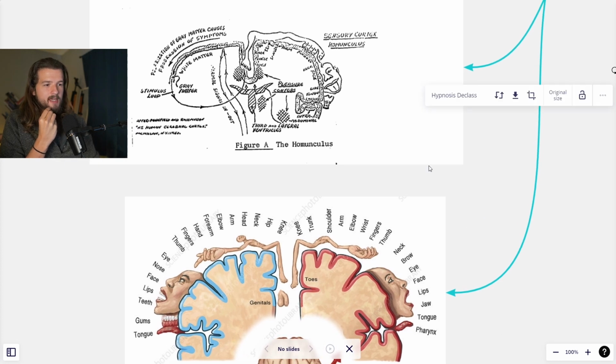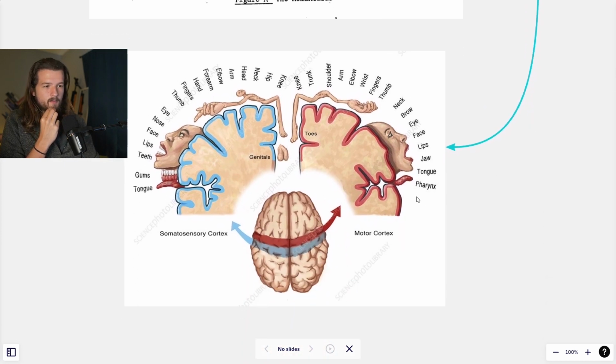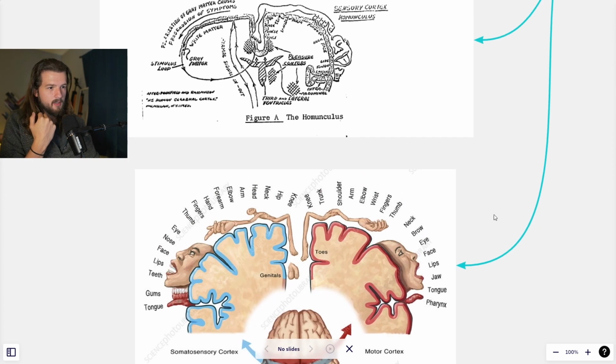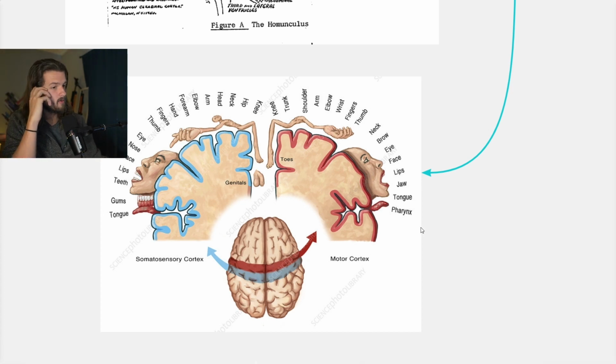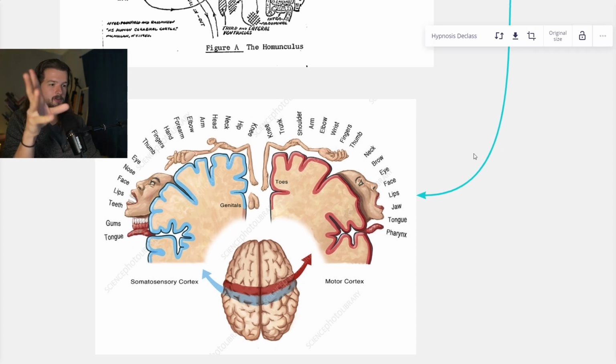Now, they're saying in the document that the homunculus is just one hemisphere of your brain, but from my understanding and from this chart, there's a somatosensory cortex and a motor cortex. And from what this looks like, doesn't it seem as though it's on both sides? So what I would ask you to contemplate is that it's the conscious and subconscious mind, and when the conscious mind tells the subconscious mind to do something, it does it.